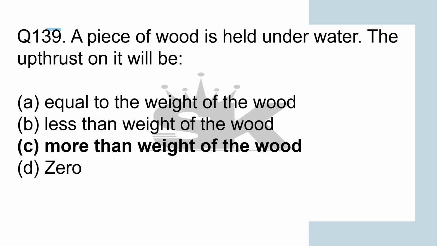If the density of the wood is less than the density of water, the upthrust will be more and hence the wood will float. If the density of wood is equal to the density of water, half of the wood will be in the water and the other half above the surface of the water. Hence, the weight of the wood and the buoyant force cancel each other out.